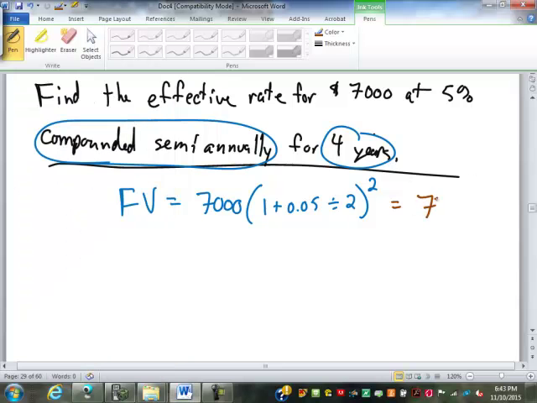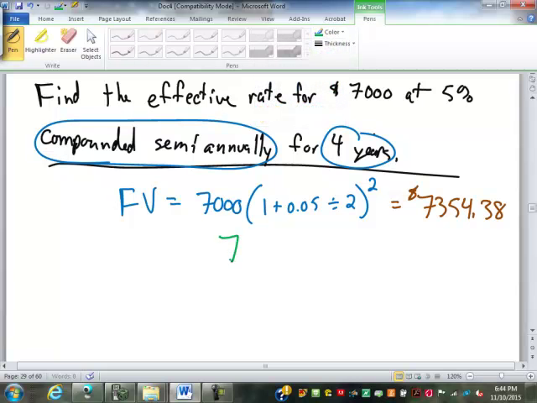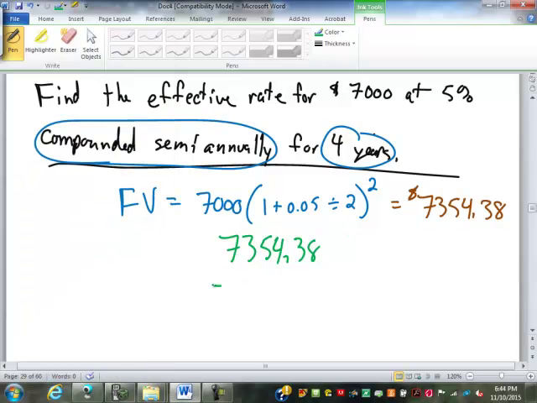That gives us $7,354.38. So our compound interest is 7,354.38 minus 7,000. So we get $354.38 in compound interest.